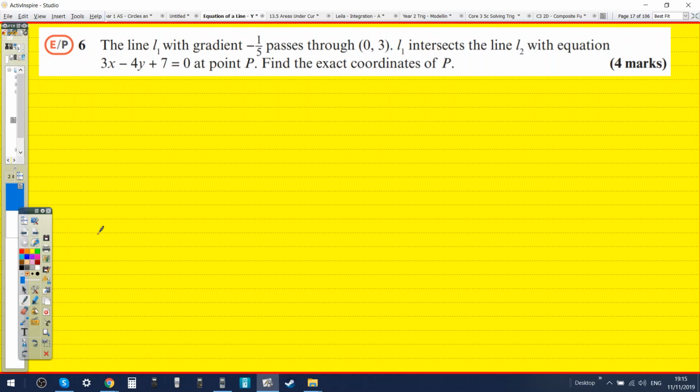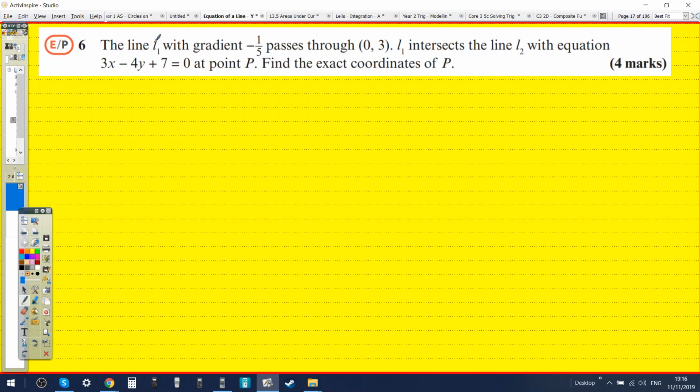Okay, any idea how we do this? I'm not sure where to start this question off.